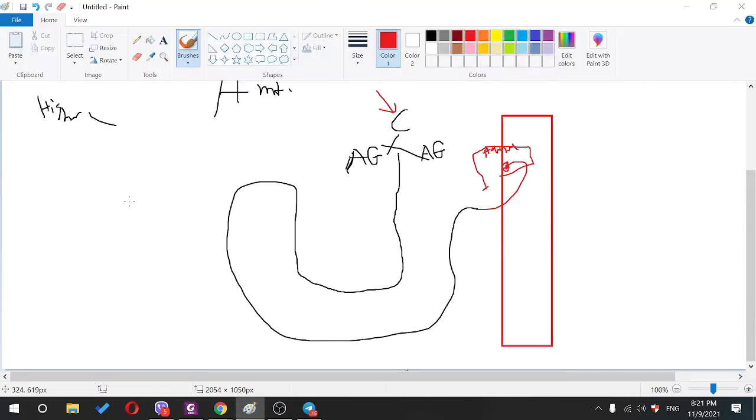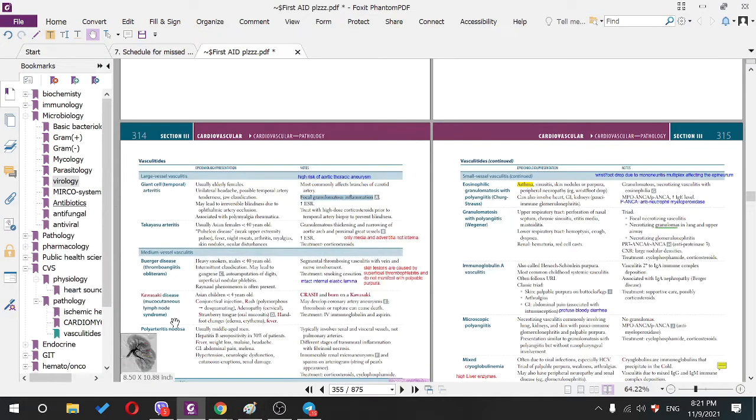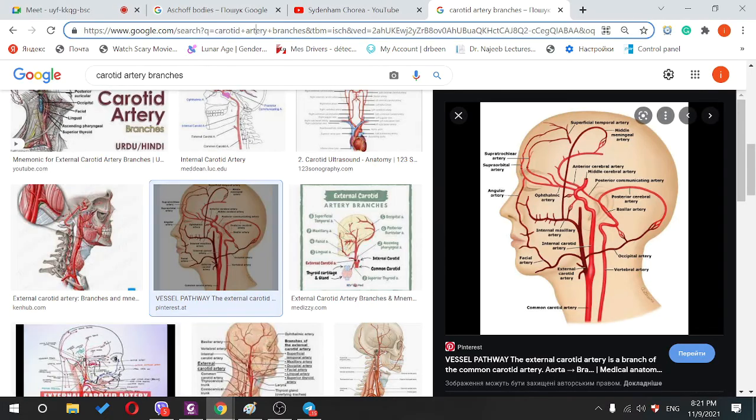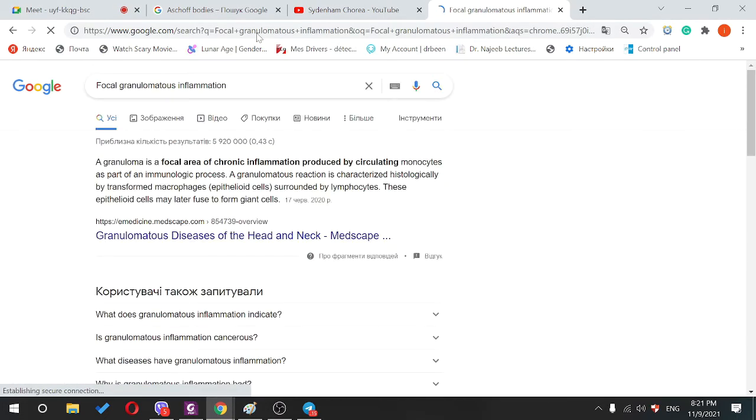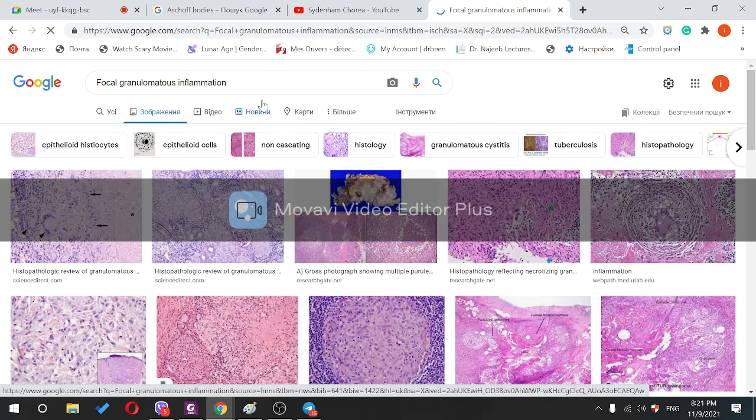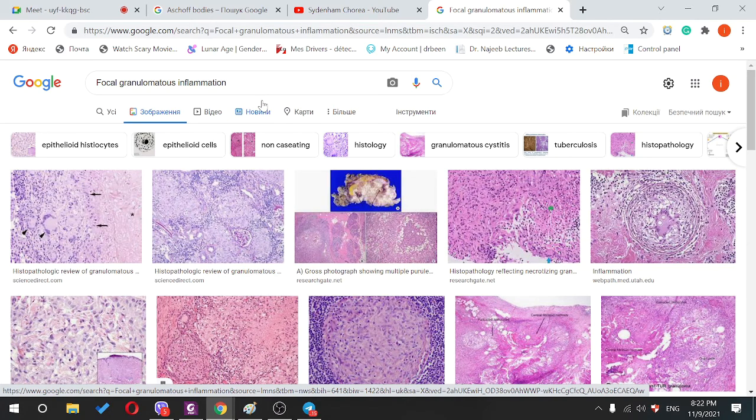Infectious disease leads to caseating granulomas. Non-infectious disease can lead to non-caseating granulomas. Quick examples include tuberculosis. Tuberculosis leads to caseating granulomas. If we speak about an autoimmune disease like Crohn's disease, it's a non-caseating granuloma.